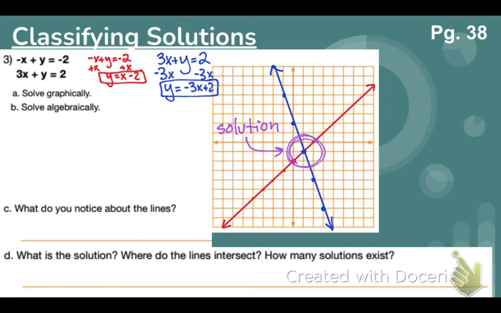So if I'm solving it graphically, I'm going to just find where my two lines cross, and that point is my solution. And we said we noticed that they cross once.